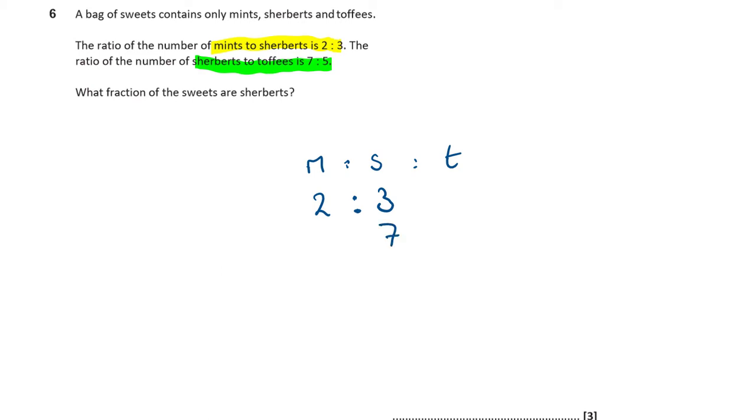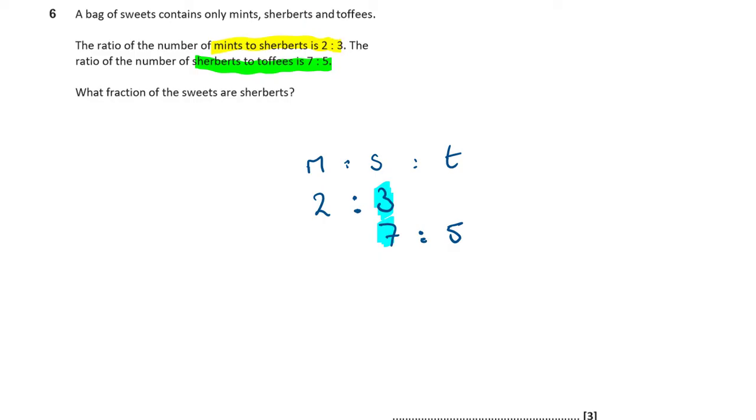So 7 sherbets for every 5 toffees. Okay? Now what we want to do is get a number in every space. And the way we can do that is we can have a look at this column in the middle here where we've got both numbers and try and find a common multiple of those two numbers.